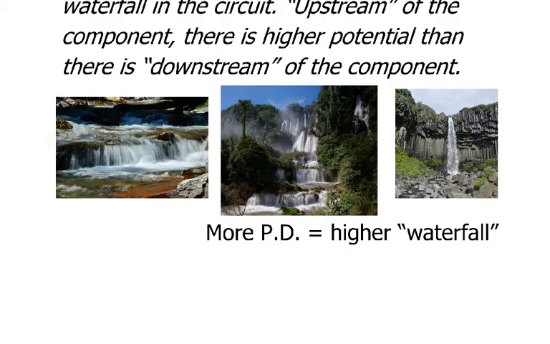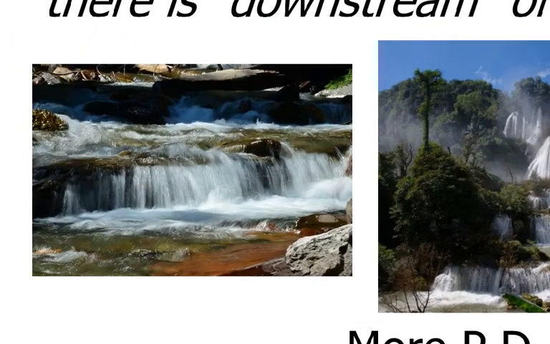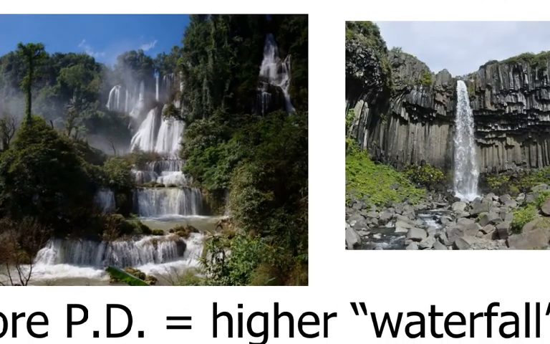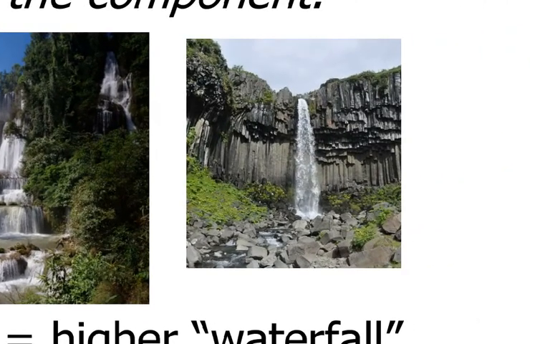So here, that's a rather small waterfall, not very big. That would be analogous to a small potential difference from one side of the component to the other side of the component, right? So you fall over the waterfall. There's some potential difference, but not much. You might have here a very large potential difference where one side of the component is very different in energy than the other side, and a lot of energy is used up through that component.